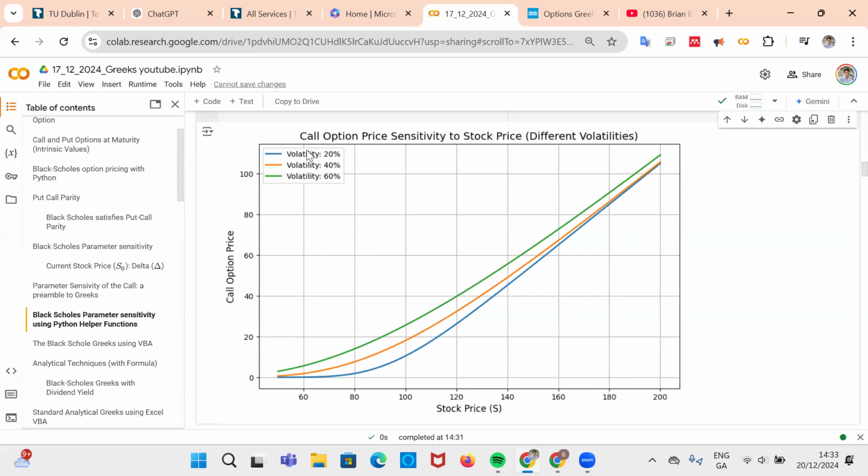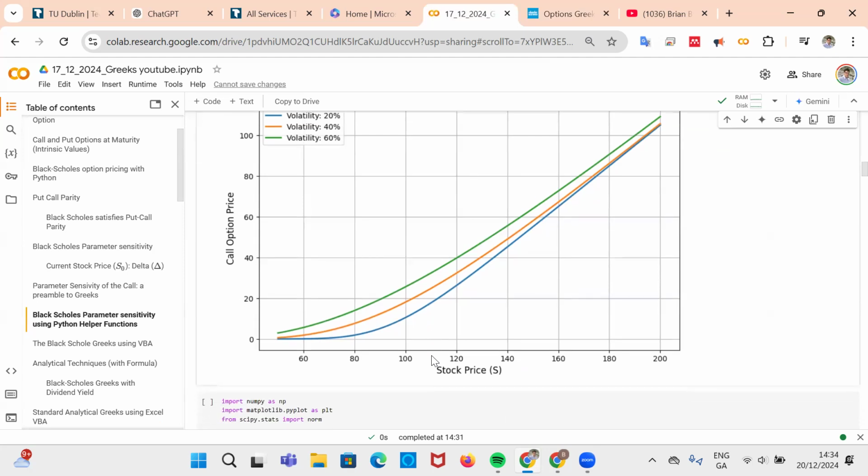The Greeks serve to give us a finer, more granular estimate, not just directional, but the magnitude of that sensitivity. And so it's always worthwhile when we discuss the Greeks to frame it in terms of the parameter sensitivities: the sensitivity of the option to changes in the parameter inputs into the model.